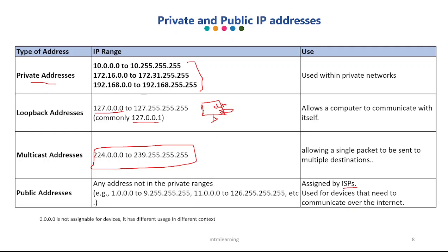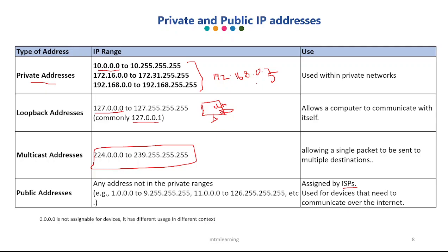So does it mean that these devices don't have internet? Kind of yes and no. Meaning, let's take one IP address from this range, 192.168.0.5.